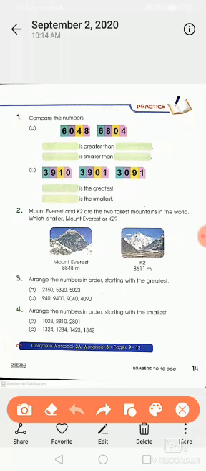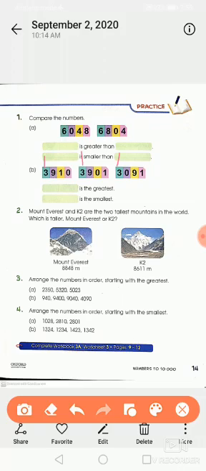The first one is 3,910, the second one is 3,901, and the third one is 3,091. First, all of you, please look carefully. First we compare the greatest place value, that is the thousands. In the B part, the first one has 3,000, the second has 3,000 and the third has 3,000.